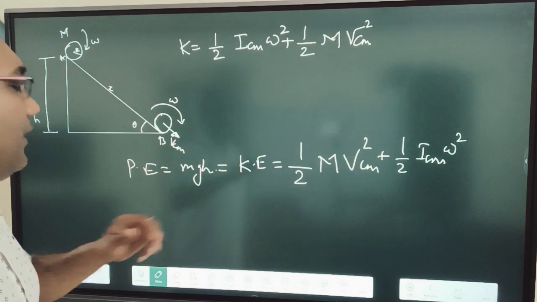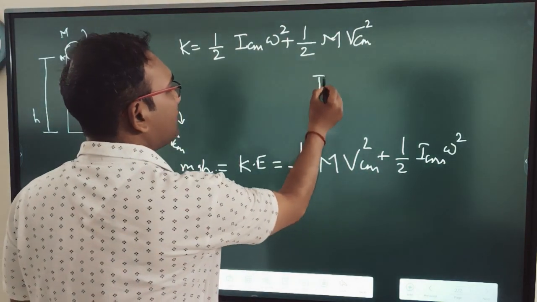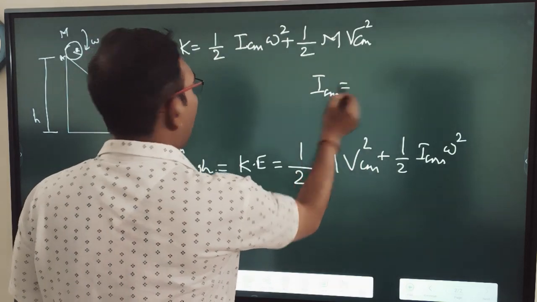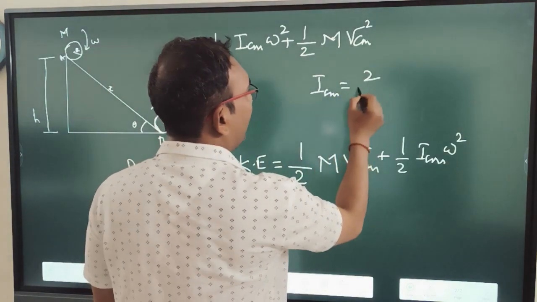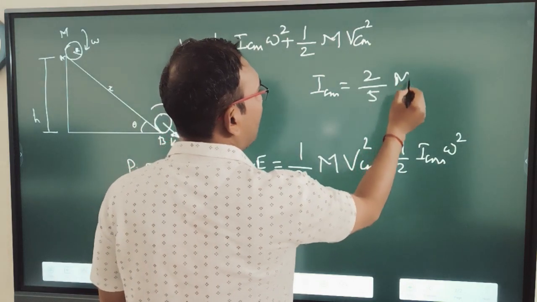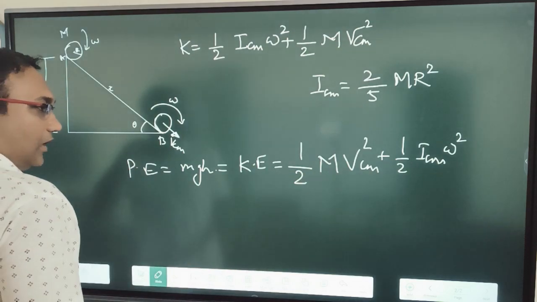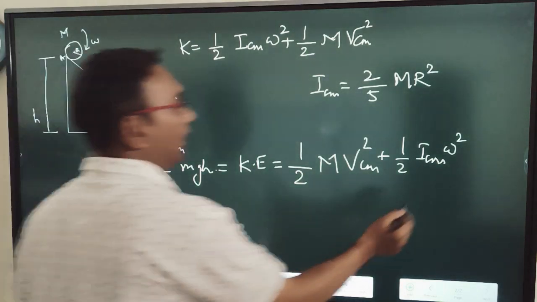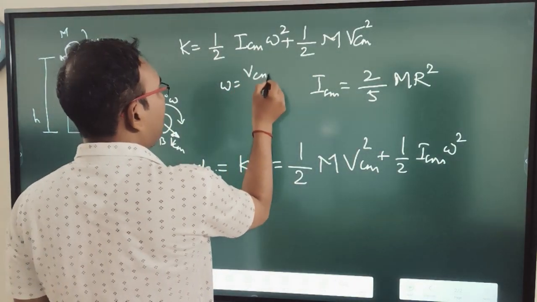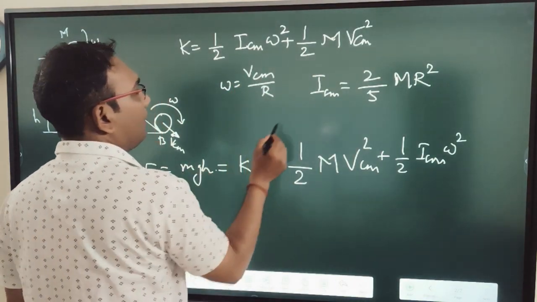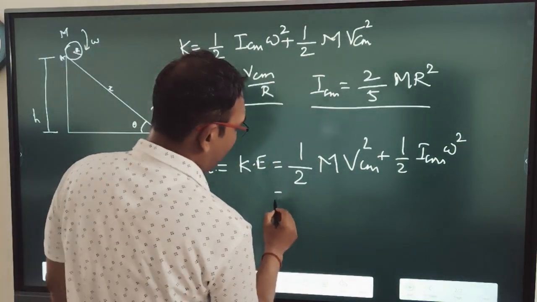If we want to calculate for a sphere, we know that ICM is equal to 2 by 5 m r square. If you put this equation where omega is VCM divided by R, and put these two in this equation, what will happen?